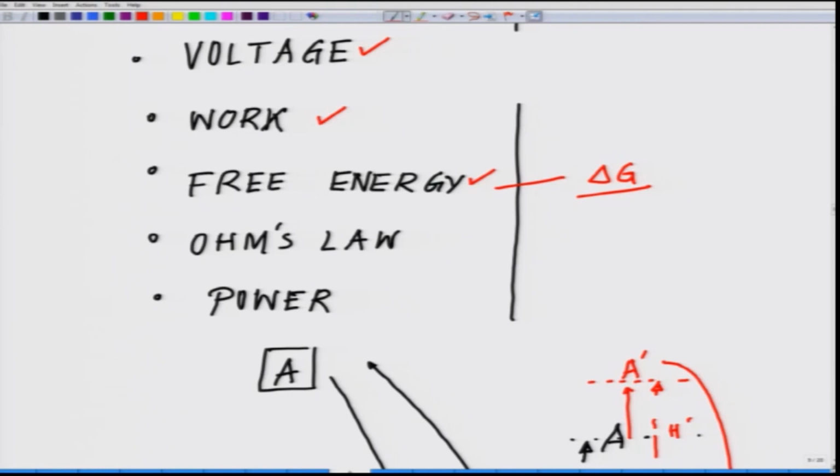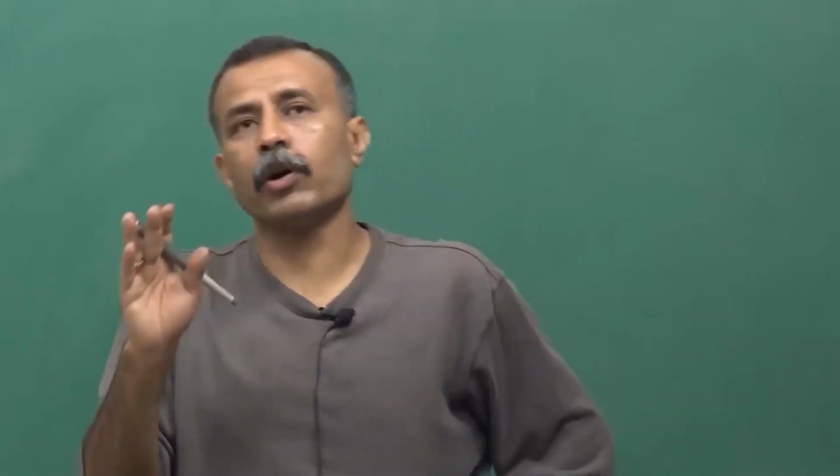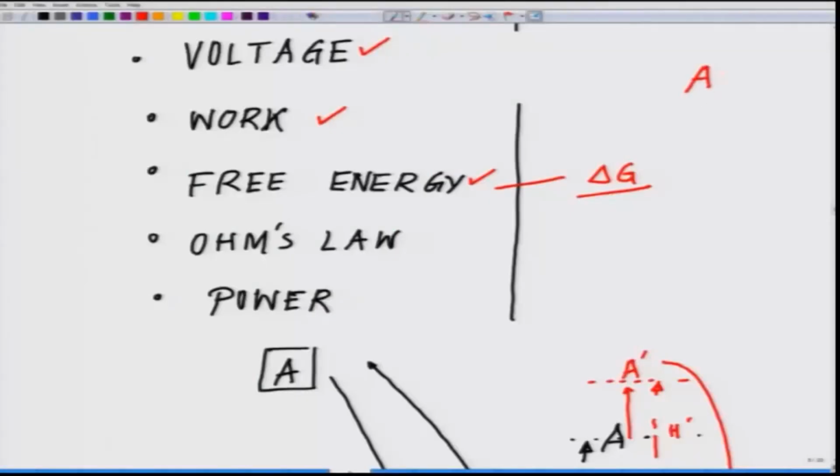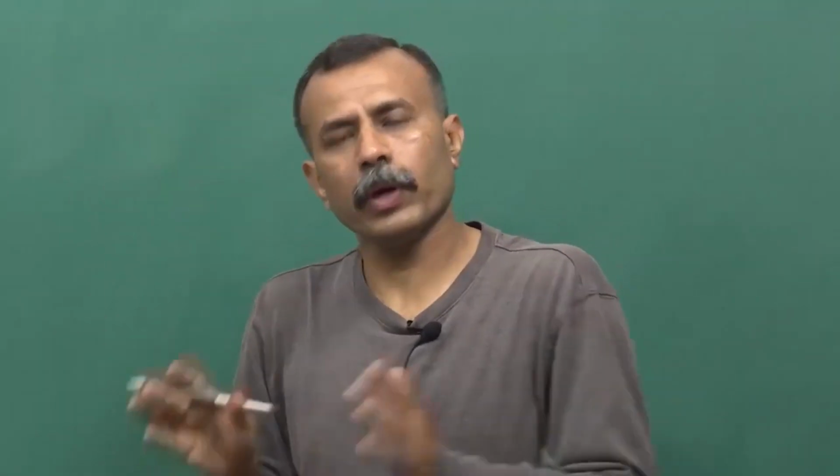We always talked about delta G as a situation: if delta G is negative, it means the work will happen spontaneously. Say for example, from here, this is at a higher height and this is at a lower height, water will fall spontaneously. You do not need to do any work. You drop the water, water will fall down. Okay.